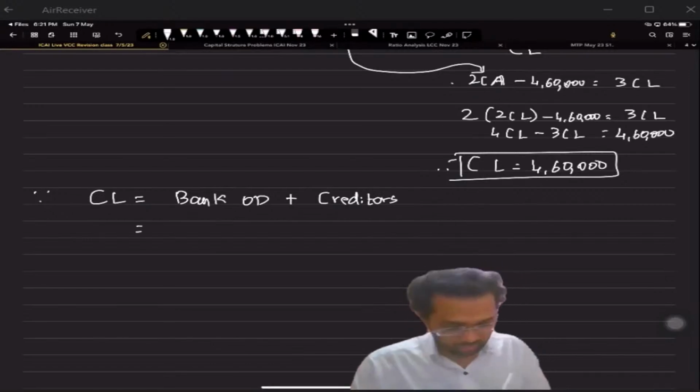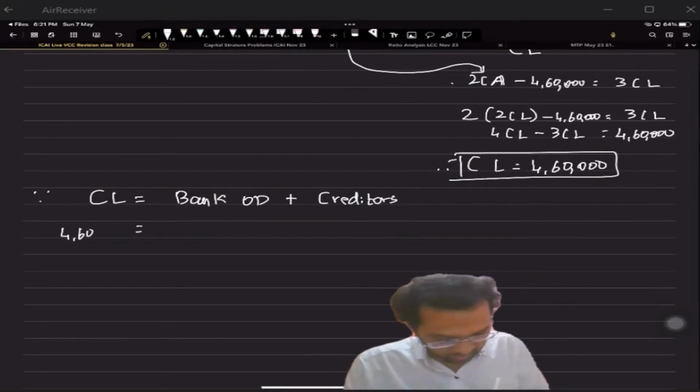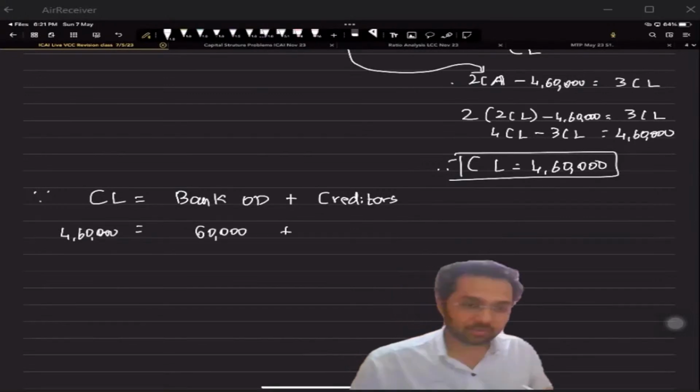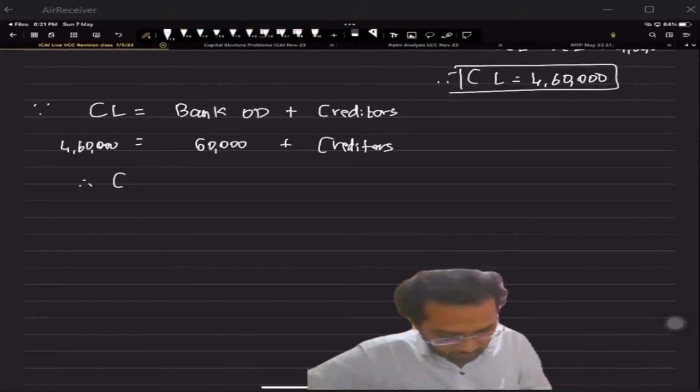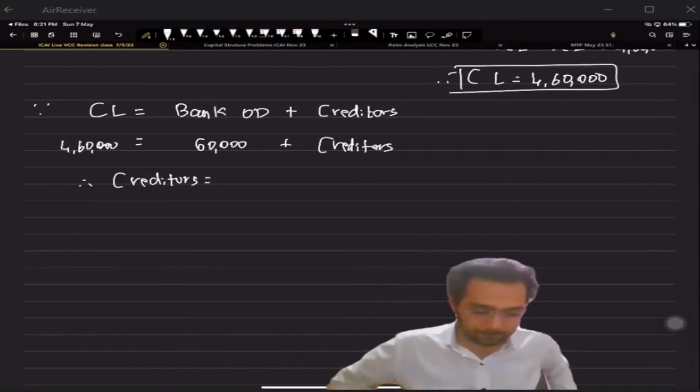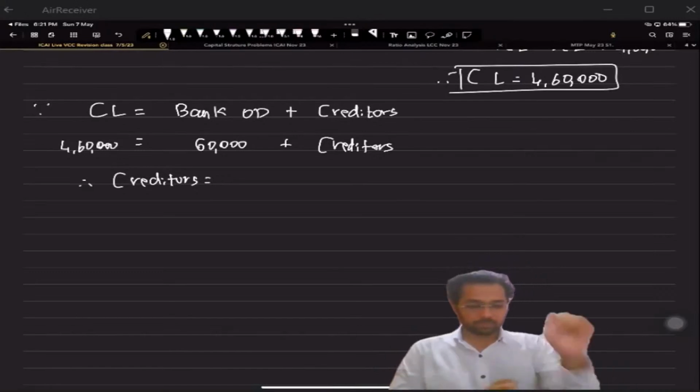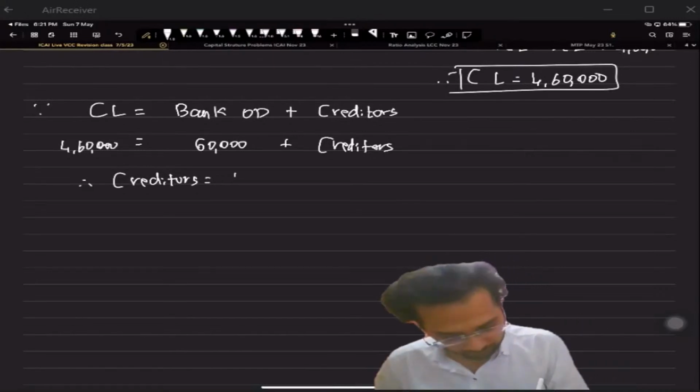So current liability is 4,60,000. We have a bank OD of 60,000 given in the question. So of course, the balancing figure that we have is the creditors, and therefore we get the value of creditors to be 4 lakh.